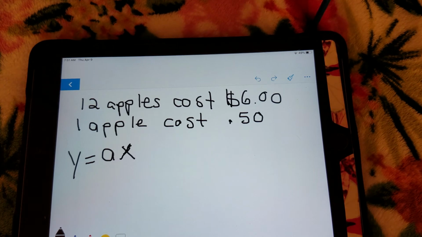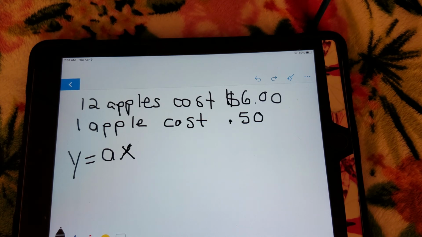Now, when X and Y have a proportional relationship, we say it's linear. And linear just means that it's going to make a straight line.